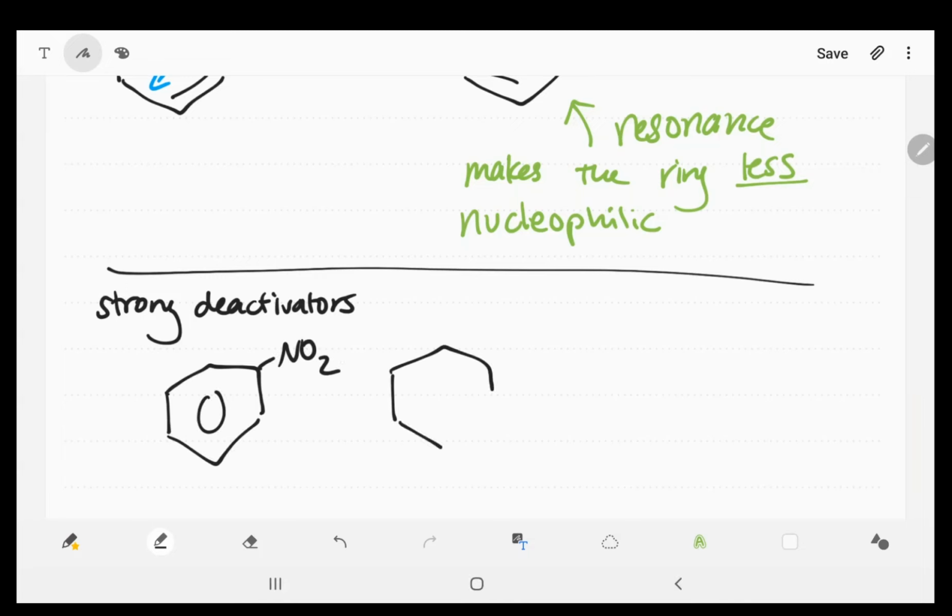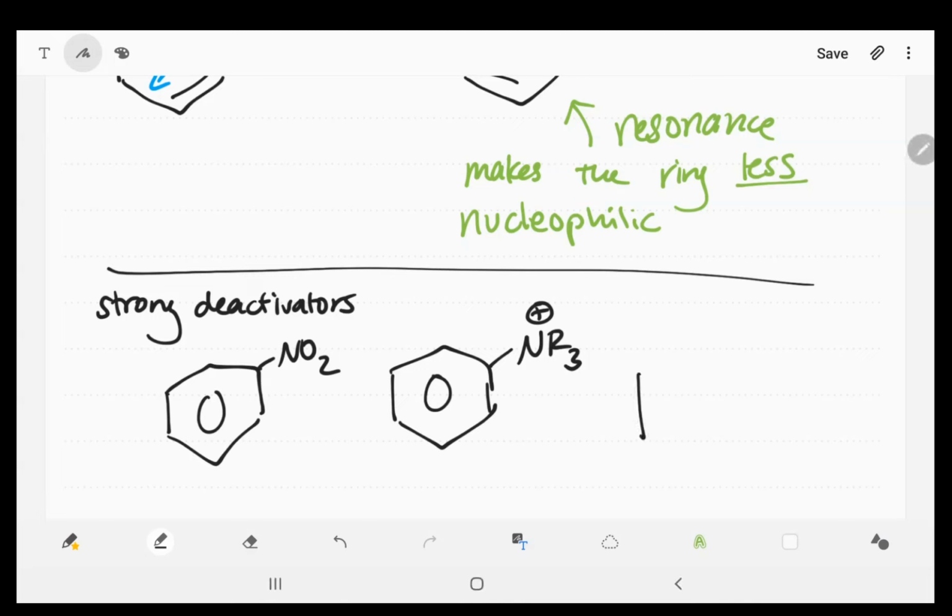We have some positively charged nitrogen. So nitro has a positively charged nitrogen, right? Something that's a quaternary nitrogen or a protonated nitrogen. So R can be H or an alkyl group for any of these. So even just ammonium, or anilinium rather, would be a strong deactivator.